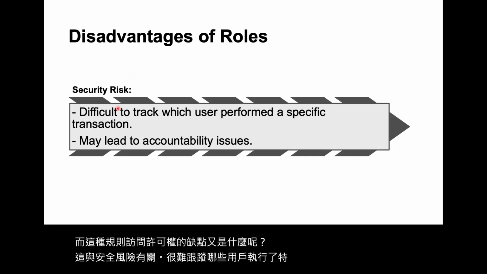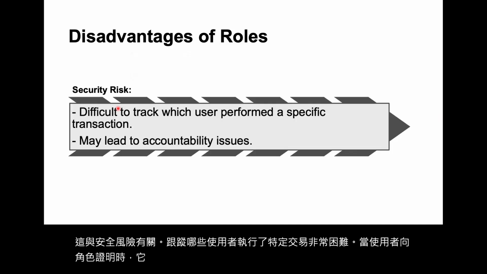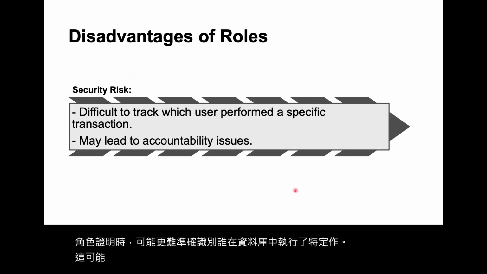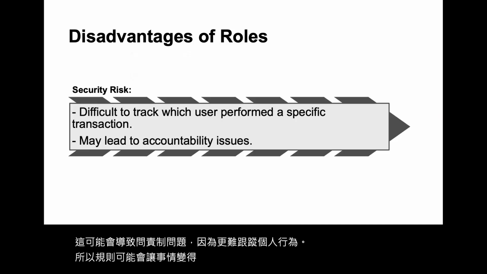When the users are grouped into roles, it can be harder to identify exactly who performed a specific action in the database. And this may lead to accountability issues, because it's harder to track the individual actions. So roles can make it difficult to hold a specific user accountable for their actions.